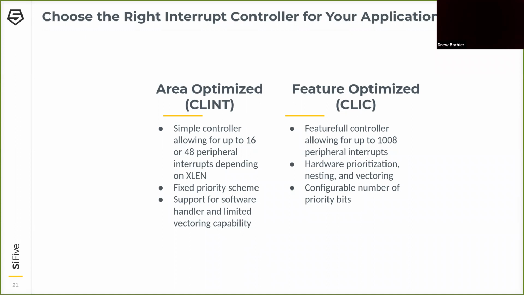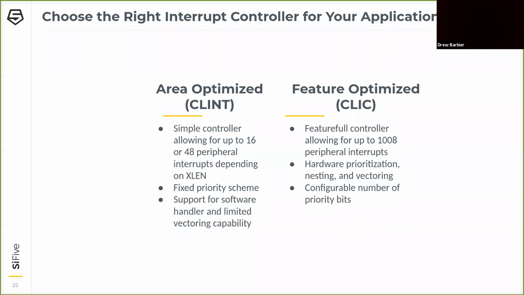However, we do also have a more feature-optimized interrupt controller that we call the CLIC. The CLIC implements the fast interrupt controller standard, which is being put forward in the RISC-V Foundation. It's a more featureful controller which supports up to 1,008 peripheral interrupts. It has hardware prioritization of all the interrupts connected to it, as well as nesting and vectoring in hardware.